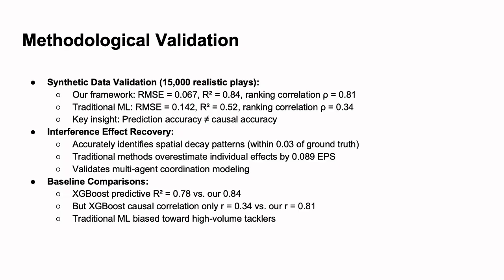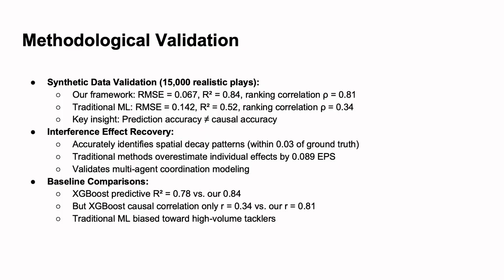Next, we can look at our validation. One of the validations we used GANs to create synthetic data, and so we're able to actually know what the underlying causal effect is, and we find that our framework has a much stronger ranking correlation in terms of understanding the causal effect compared to some traditional ML like XGBoost or other neural networks. And so the key insight here is that if you just maximize for prediction accuracy, you're not necessarily going to get causal recovery.